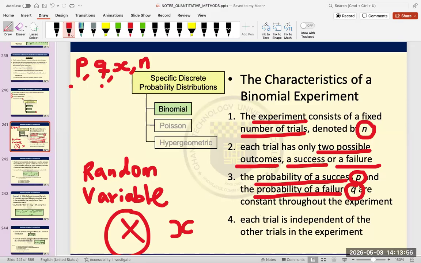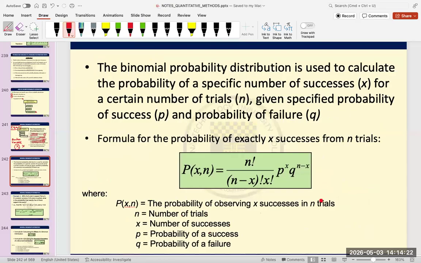These four, p, q, x, and n, are used to formulate the binomial distribution formula, which you'll be given in the exam. So there's no need memorizing all the formulas I've given you. I've told you you'll be given a formula sheet that has every formula that you need. So this is the formula.